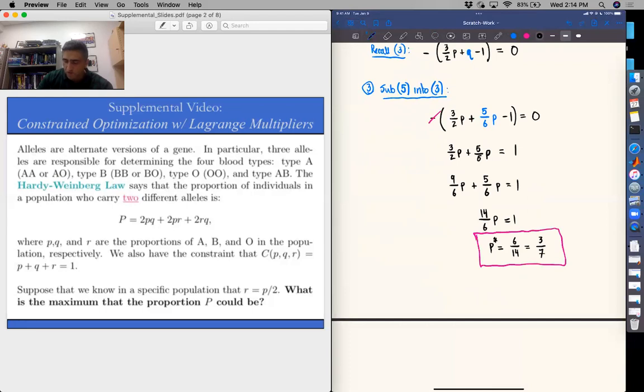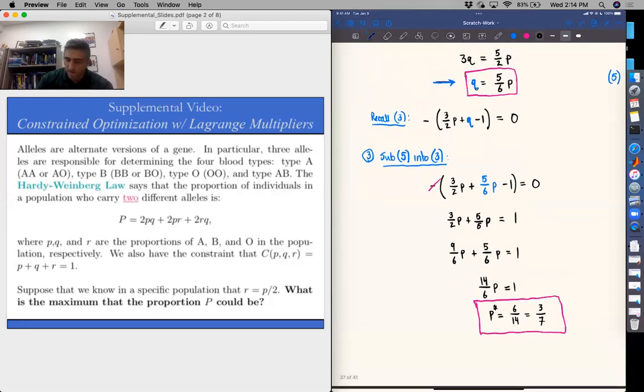Now, what's useful about that is, since now we know p, going back to equation 5, we now know what q is. So q is equal to 5/6 times p, which we now know is 5/6 times, that's right, you guessed it, 3/7. So q star is equal to 15/42.